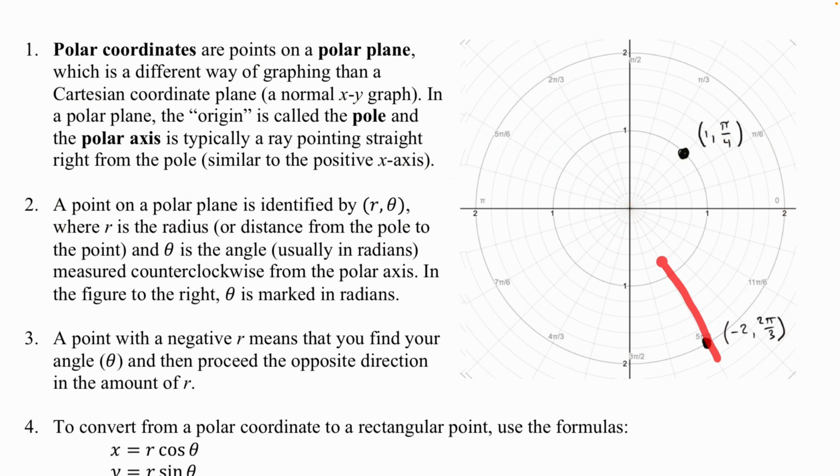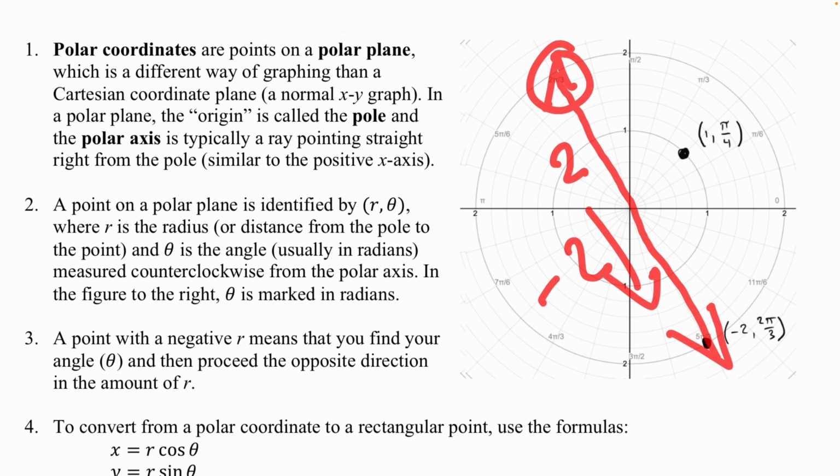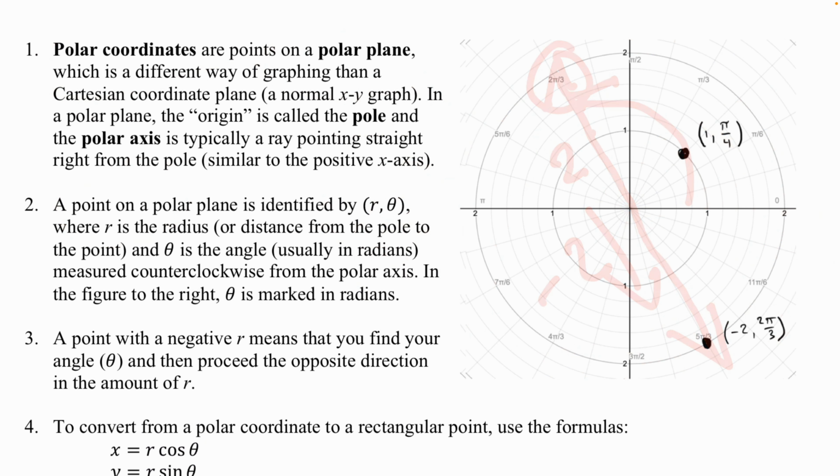If we kind of draw this up through here, we would find out that that distance is negative 2 when we go to 2 pi thirds. So that's a little bit different, and so just keep in mind that a negative radius goes the other way from the pole, and your angle then you're going to have to measure to where that radius goes if it wasn't negative. So a little bit different there.